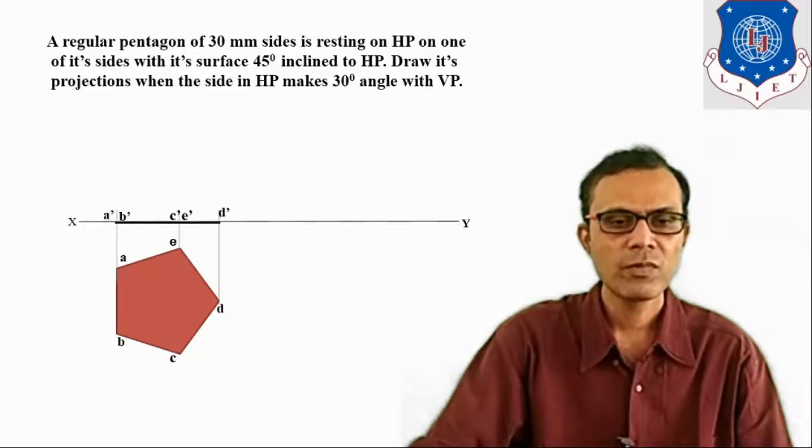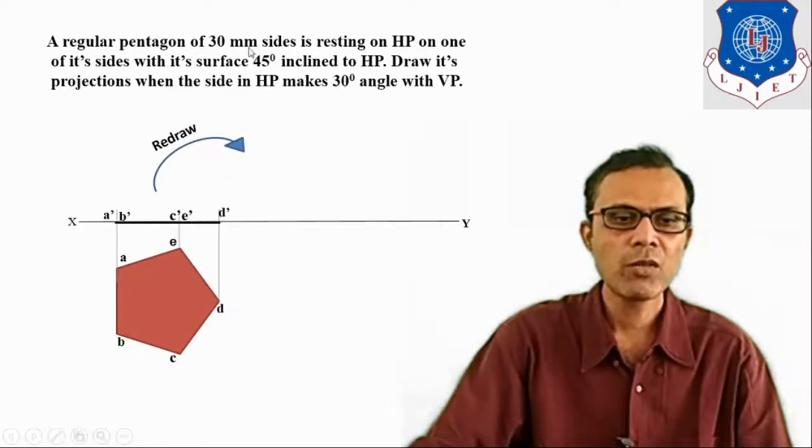So now we have to redraw this front view over here because this dimension is not changing, it remains similar. So mark a dash, b dash anywhere keeping some distance from first stage. So these are the points a dash, b dash.